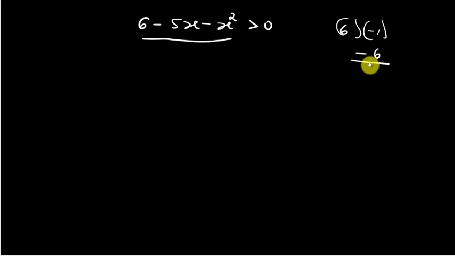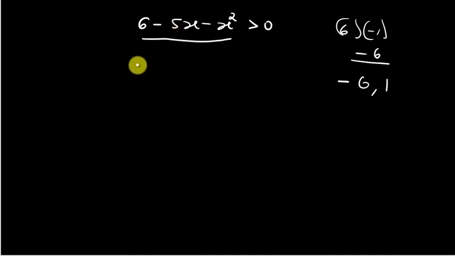We want two numbers in which when you multiply, you get -6, but when you add, you get -5. And you are going to have -6 and then +1, satisfying that condition. Because -6 times 1 is going to give you -6. But -6 plus 1 is going to give us -5.